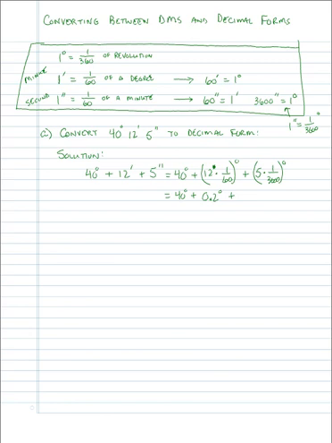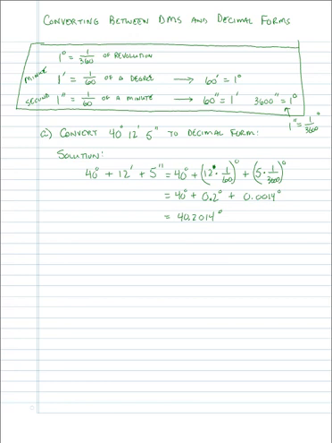That's the number of degrees. And 5/3,600 is 0.0014. And of course, that's degrees. And so now I just need to add those decimals together, and I end up with what? 40.2014 degrees.